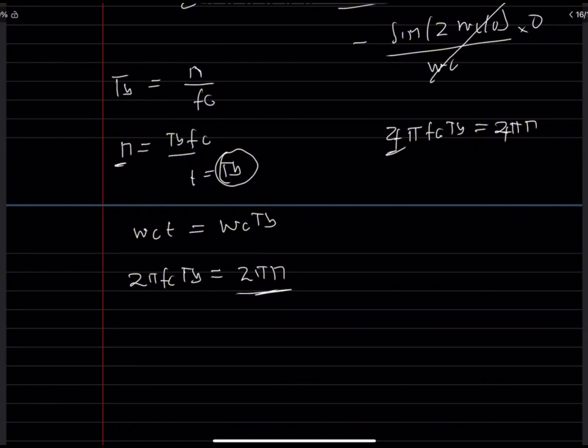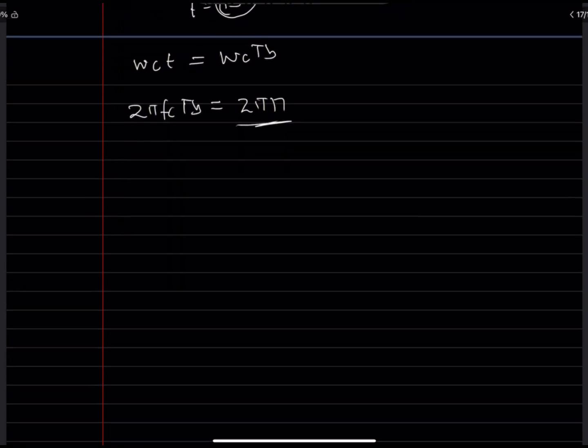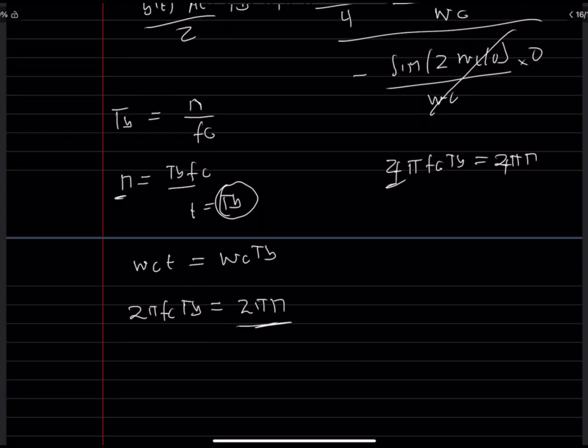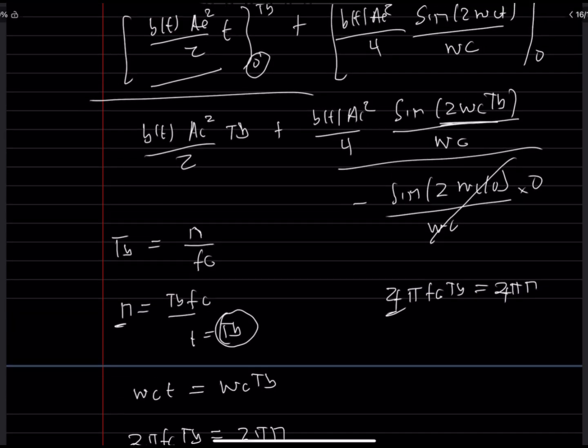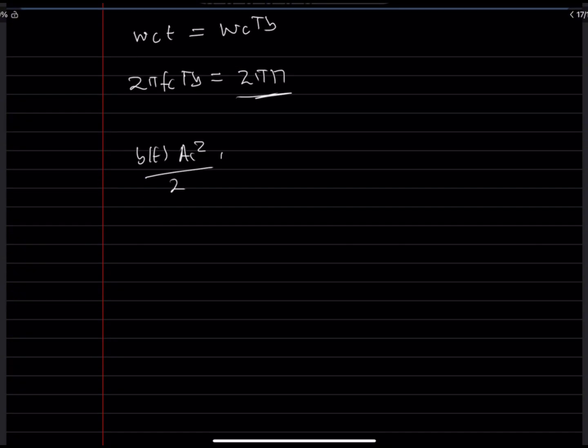That's its equivalent part. So we can finally say that we are going to have something like b of t ac squared over 2 tb plus b of t ac squared over the other one, it's 4 sine 4 pi n over omega c.